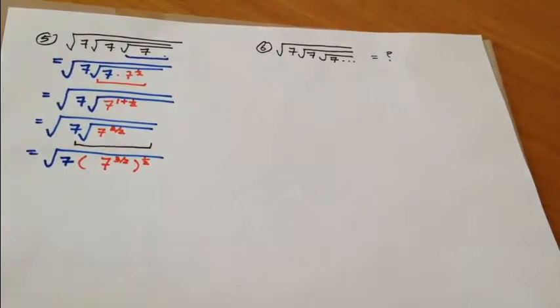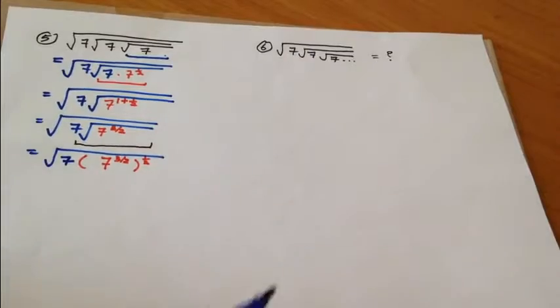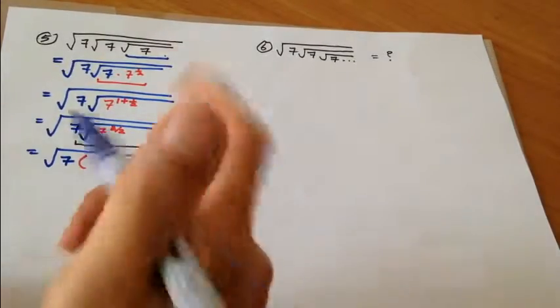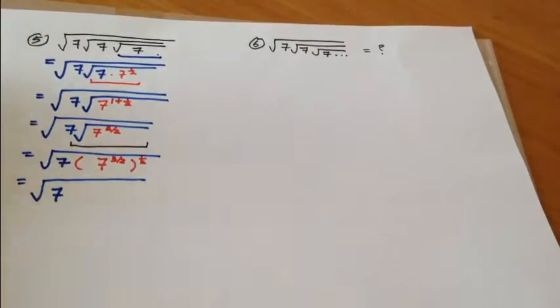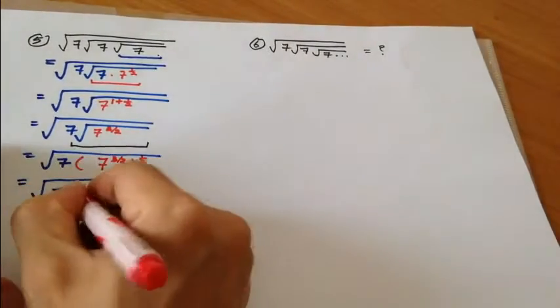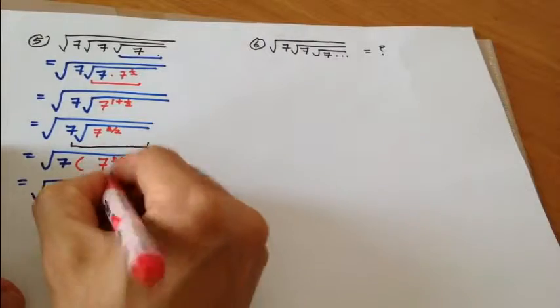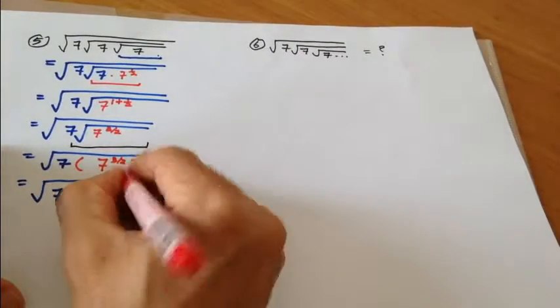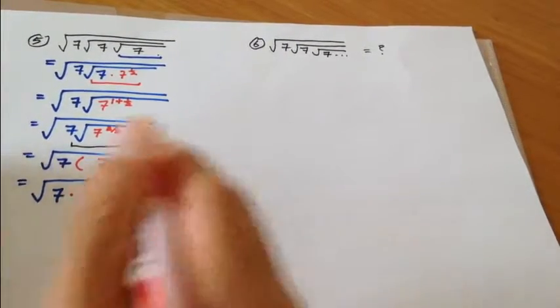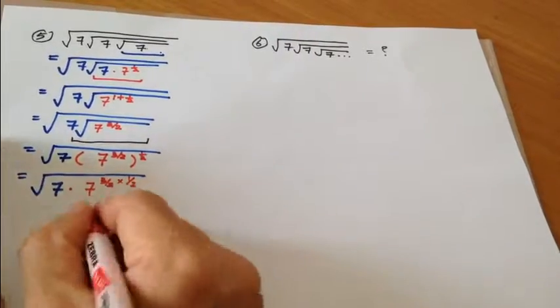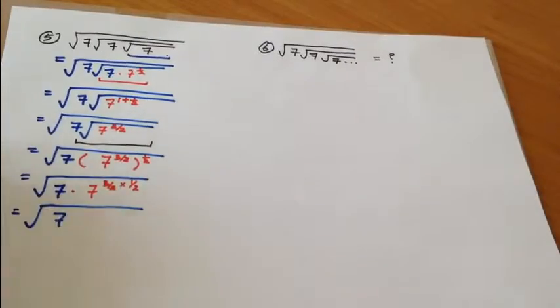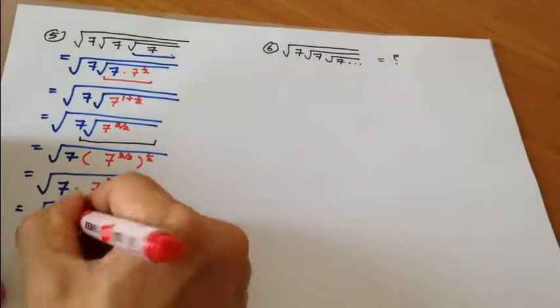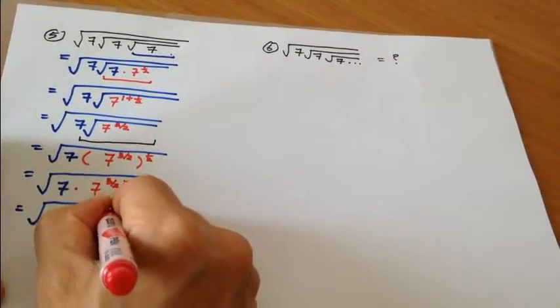So in other words, now we consider the thing in red. If you consider the thing in red, that will be 7 times 7 to the 3 over 2 times half, which is square root of 7 times 7 to the 3/4.